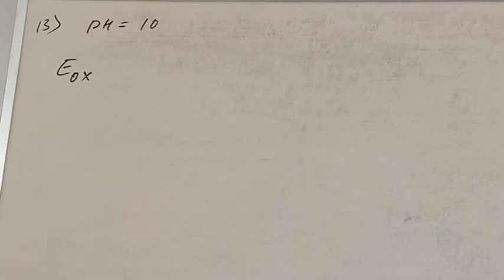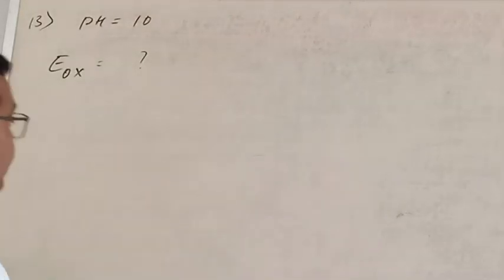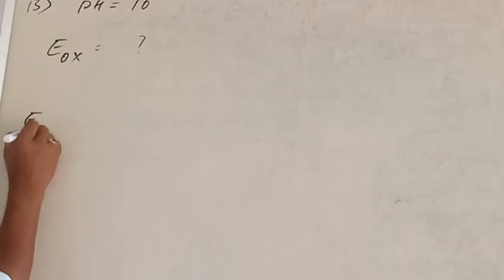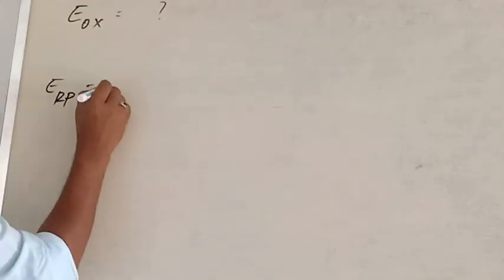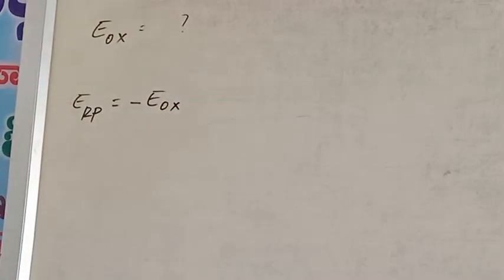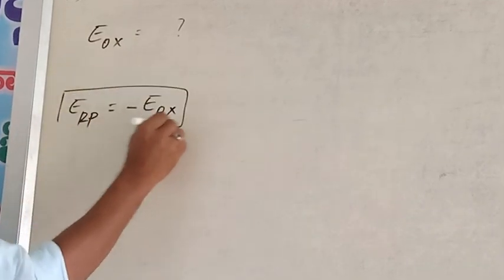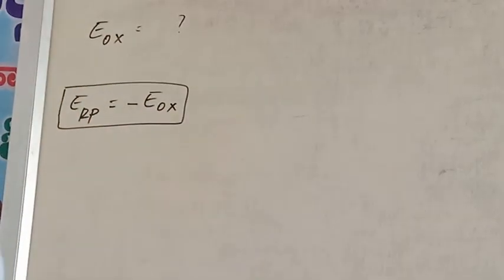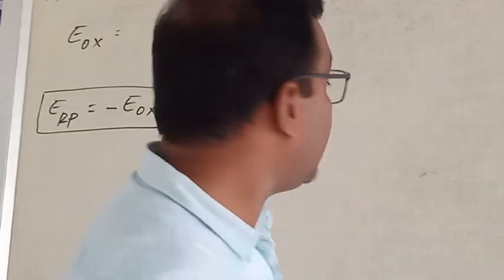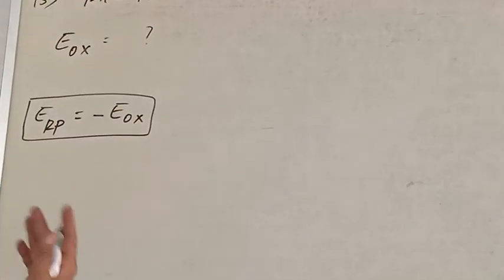We know that E reduction potential is equal to minus of E oxidation potential. This is the relation you should know. Let's solve the question.